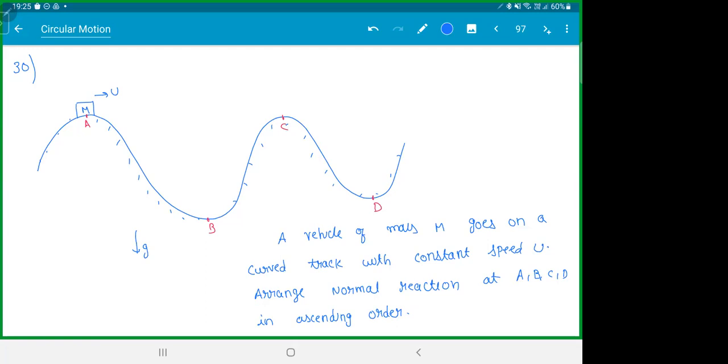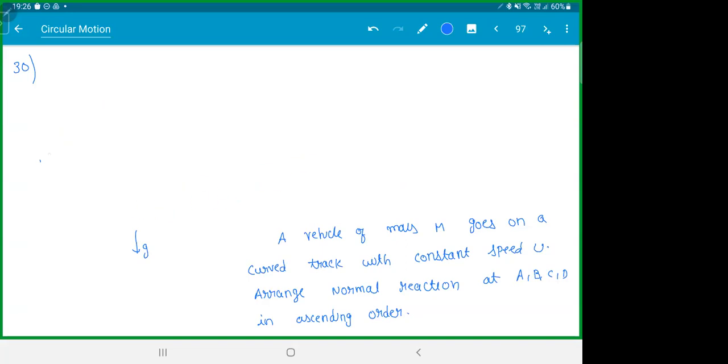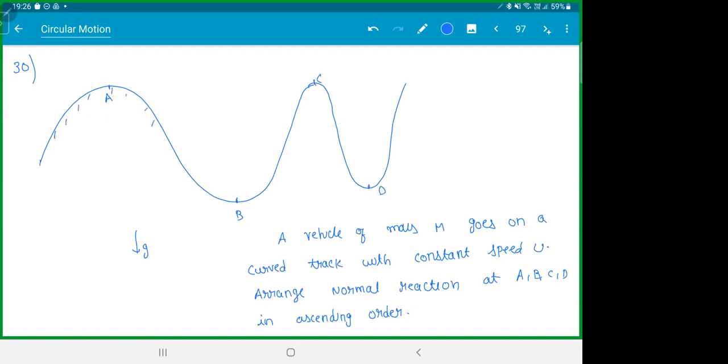So at every point you get a different normal reaction. I'll do one thing, wait. Diagram is fine, but it might give you some confusion. This is better. Basically C and D are sharp. A and B are little broad.